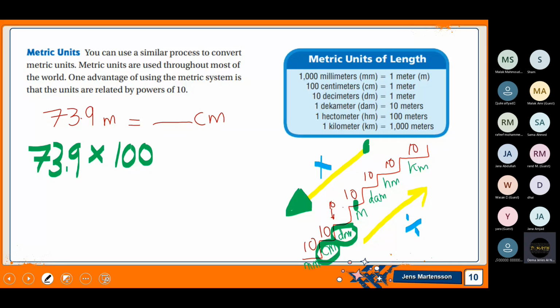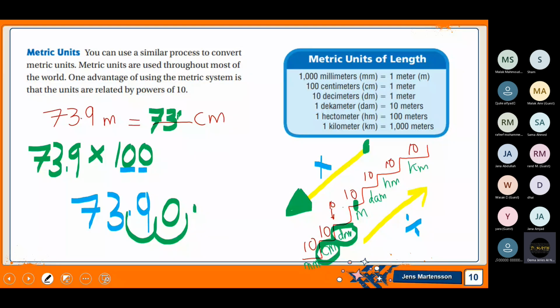How many steps? 2. So, 1, 2. So it will be 7,390 centimeters. Is it clear? Yeah. Okay.